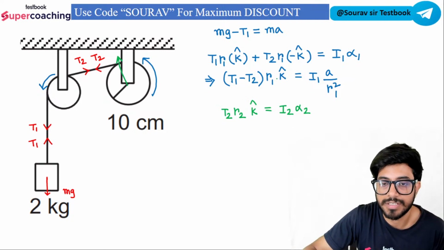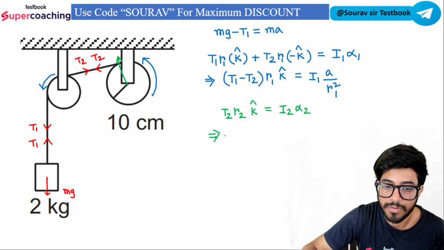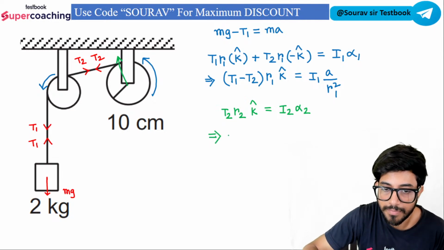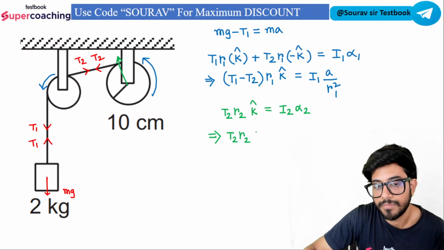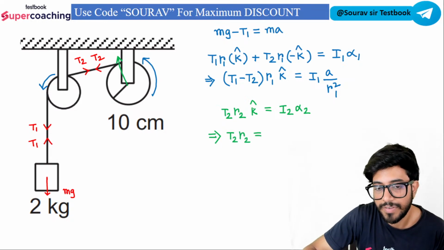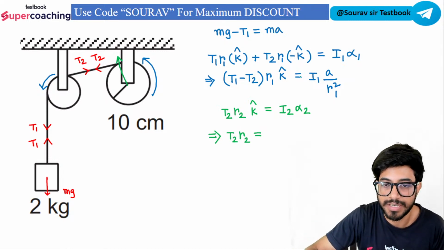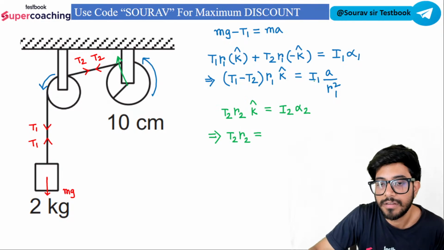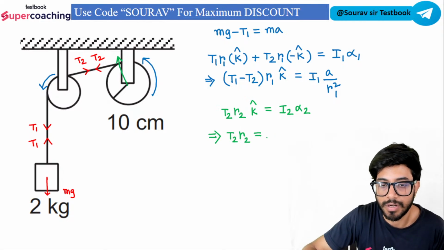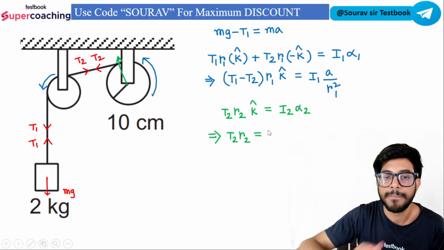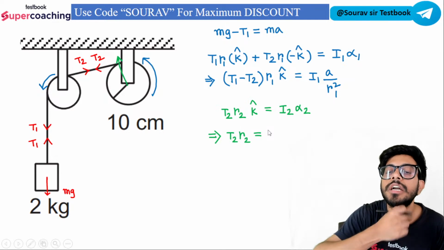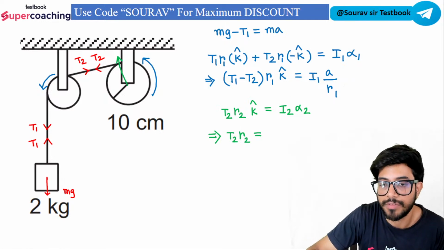So if I just ignore the vector sign, T2 R2 should be equal to what? Hang on, this is I1 into A divided by R1. Okay.